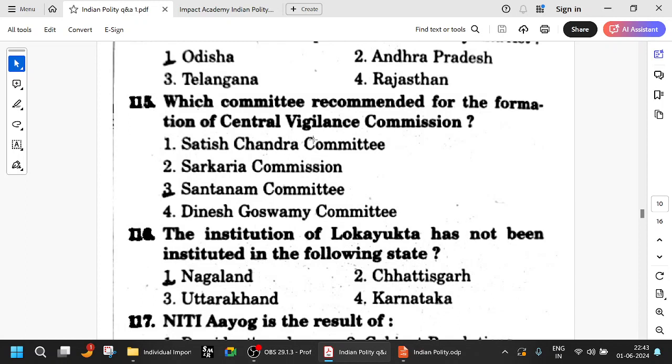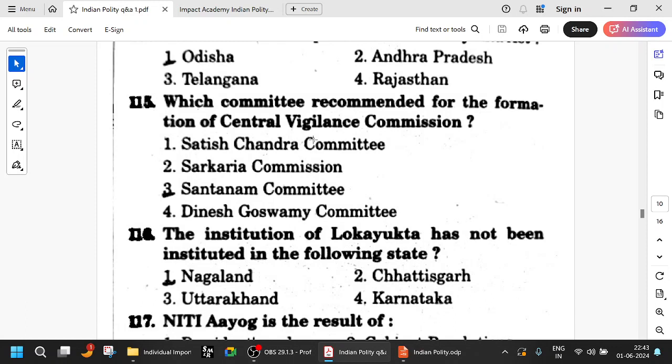So these committees, for example, the Narasimham Committee. Narasimham Committee means the first thing that should come to your mind is banking reforms. Then there is the Vohra Committee, which is for reducing corruption among politicians, etc. Regarding electoral reforms, the Dinesh Goswami Committee. So you have to remember these things.